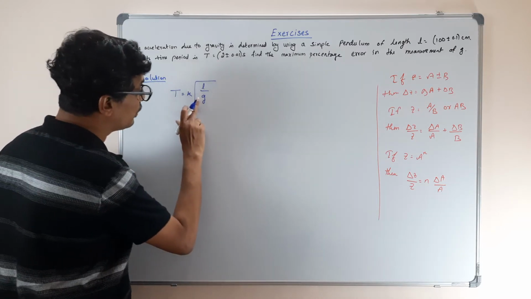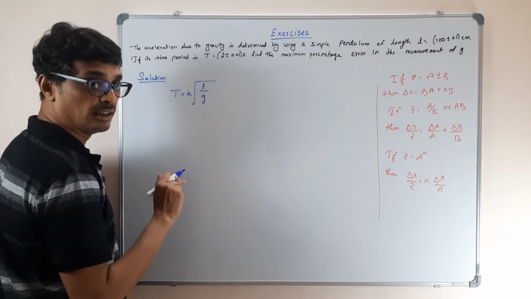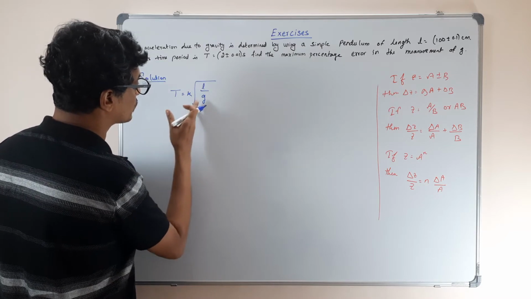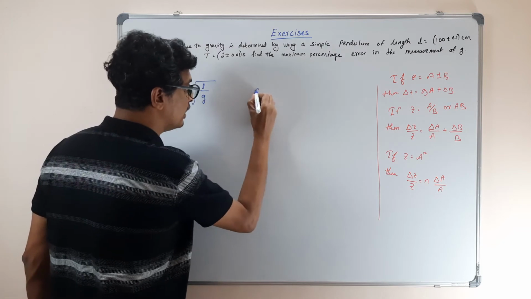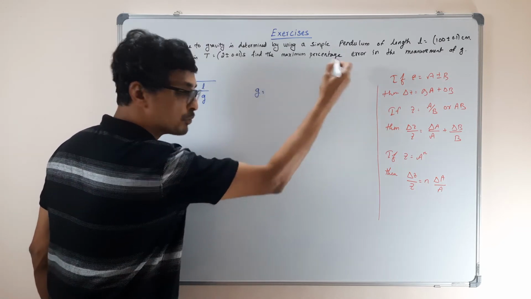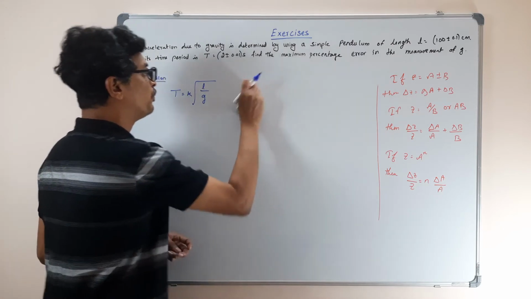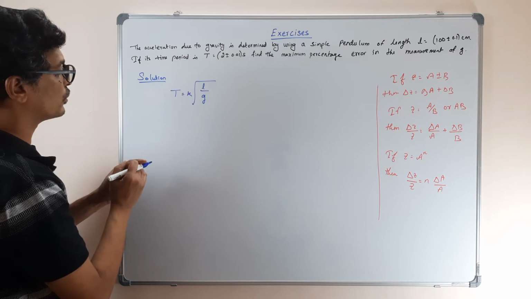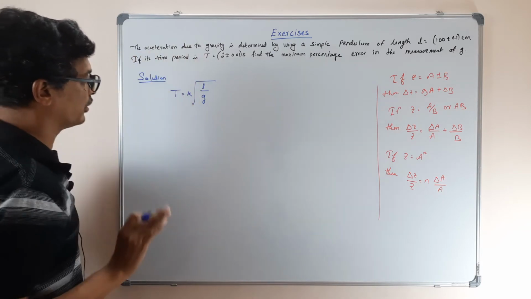But we need to find the percentage error in G. G is also having the power 1 by 2, so I should express G in terms of T and L. I want G, so I take the square on both sides, and the square root will vanish.